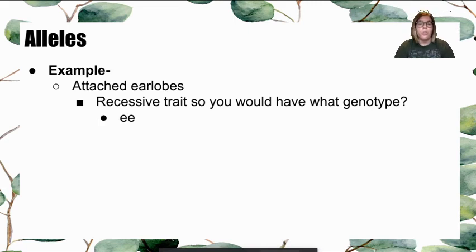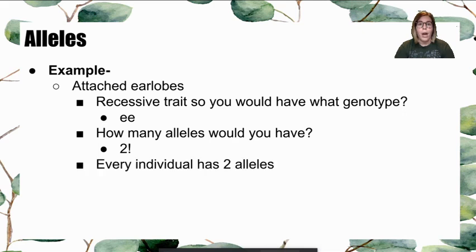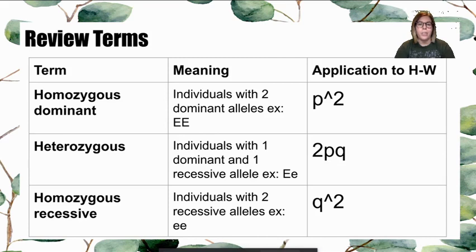In order for it to be recessive, I have to have both alleles as that recessive gene. So how many alleles do I have total? I have 2 alleles, one little e from my mom and one little e from my dad. Each individual has 2 alleles, or 2 versions of that specific gene. So you need to remember what an allele is. I talked about it at the very beginning of this section, so go back and review that if you missed it.